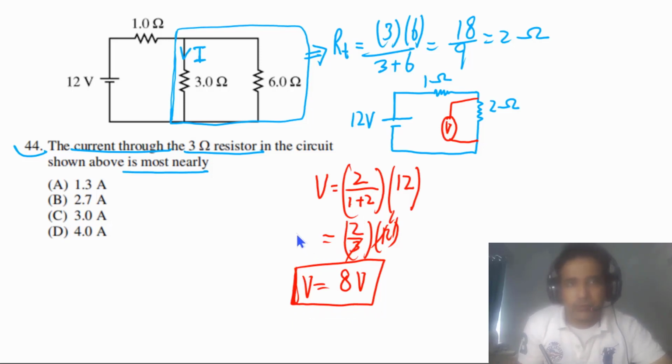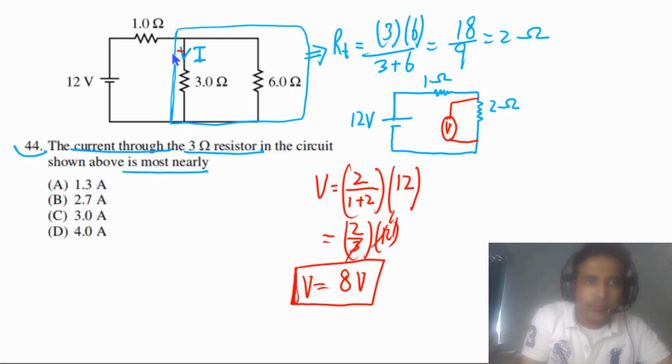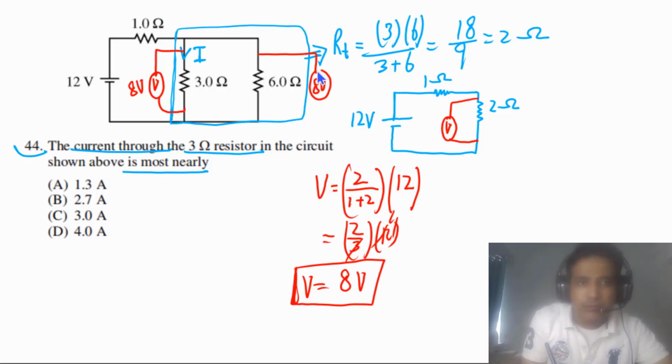So in this case we need to understand the PD across this one has to be equal to 8 volts, and PD across this one also has to be equal to 8 volts. So we have the PD across this one and we have resistance of this resistor, so we can find out value of current.